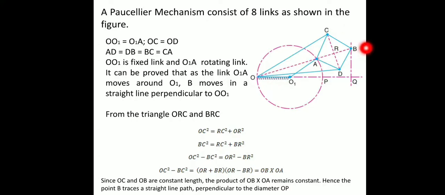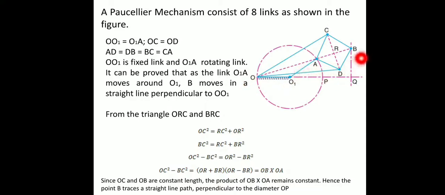These are the mandatory things for tracing the point P in a straight line. For that we consider O1O equal to O1A, that is, these two links should be equal in length. And second thing is OC should be equal to OD. That we have already discussed.